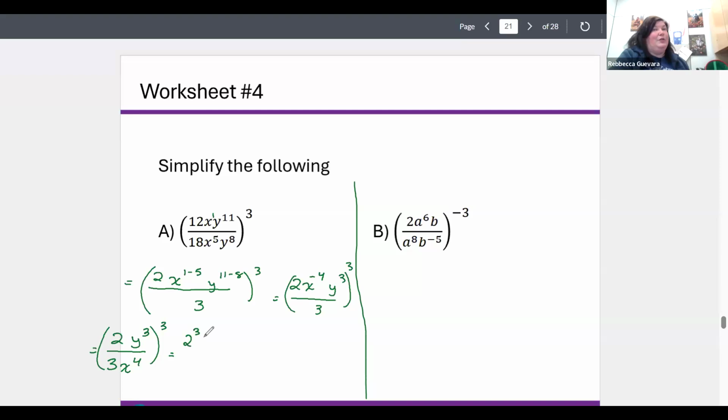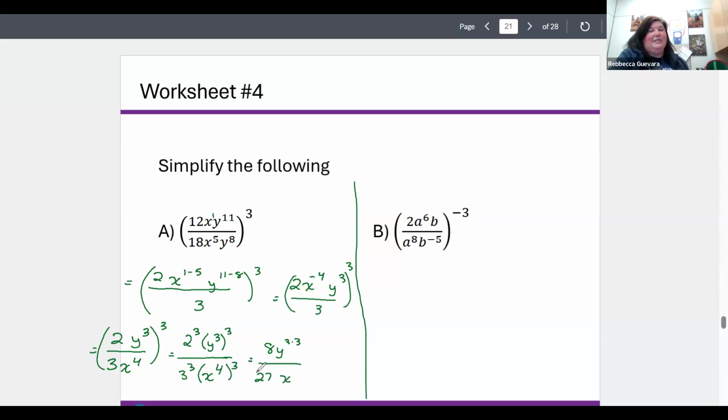We have 2 cubed. We have y cubed again. We have 3 cubed. And then we have x to the 4th cubed. So 2 to the power of 3 is going to be 8. We have y to the 3 times 3. 3 to the power of 3 is 27.